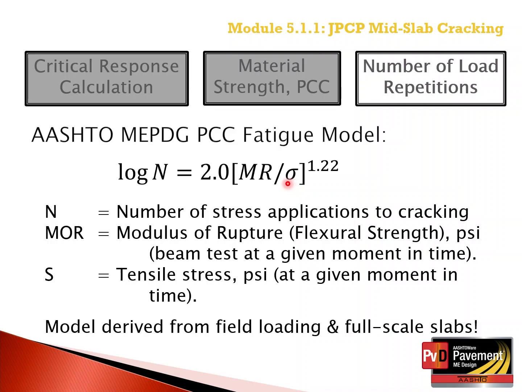As such, the allowable number of load repetitions or applications vary with time, top and bottom of the PCC slab, and location along the slab relative to the axle load geometry.